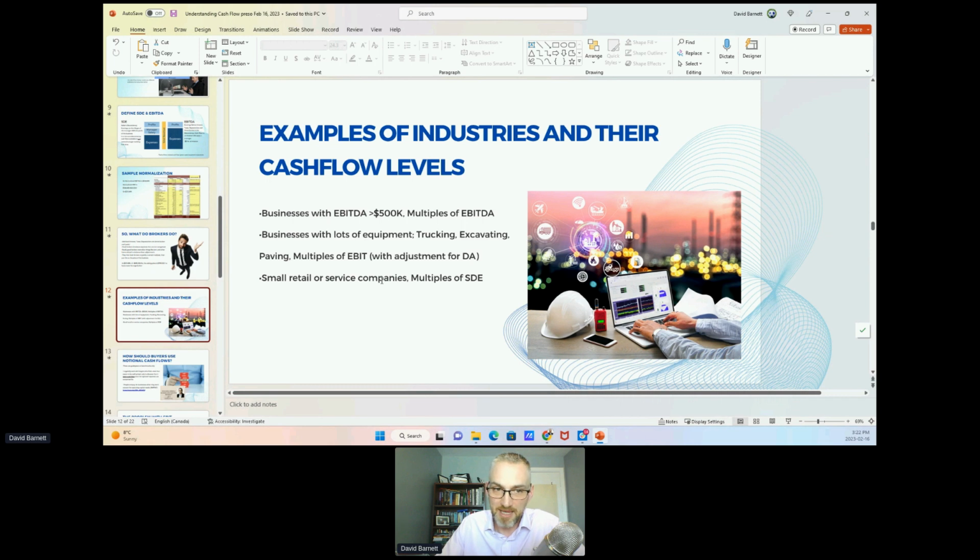Okay. And that means we need to consider the depreciation and amortization in a big way up front when we're looking at valuing these businesses. So in this case, we want to look at multiples of EBIT, but there's a problem with this.